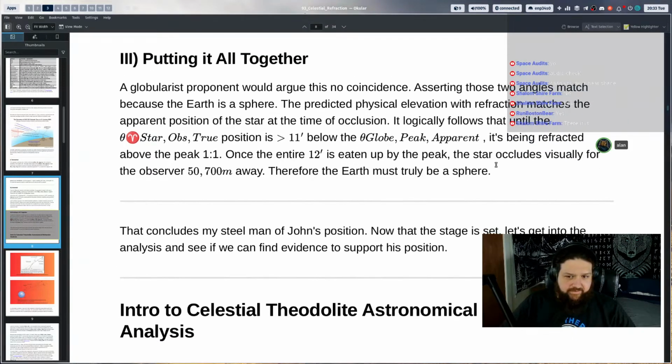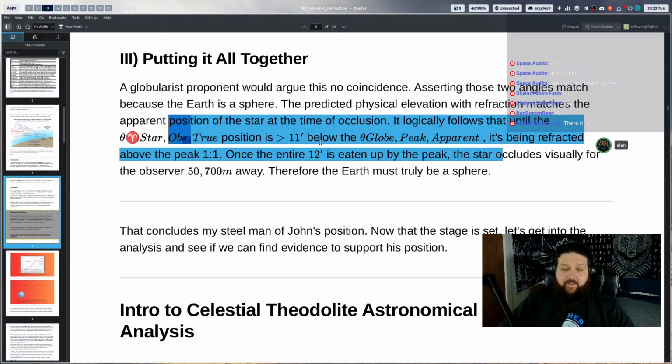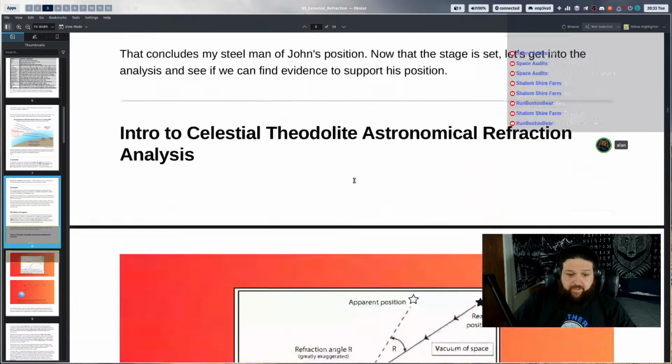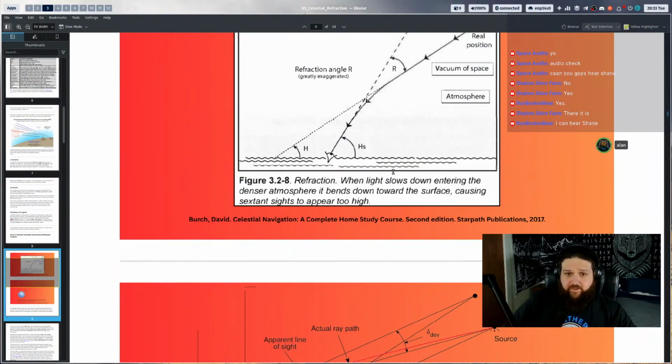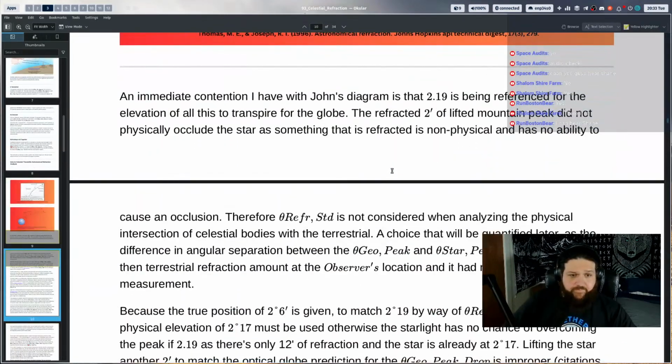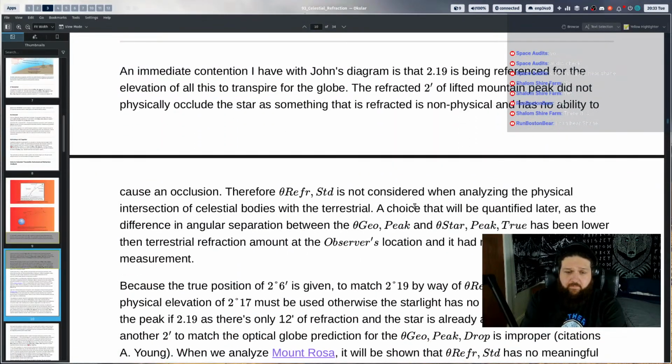All right. So moving on here, we put everything together and now we're going to look at the mechanisms of terrestrial and celestial refraction. So we already went over how astronomical refraction affects the measurements by lifting it. So in immediate contention, I would bring to the globularist proponent's argument that 219 is the elevation that's necessary for all that to transpire on a sphere, and that the refracted amount of the peak of 2 arc minutes did not physically occlude the star, so it can't be considered in the analysis if the star's position is at 219 to be refracted.